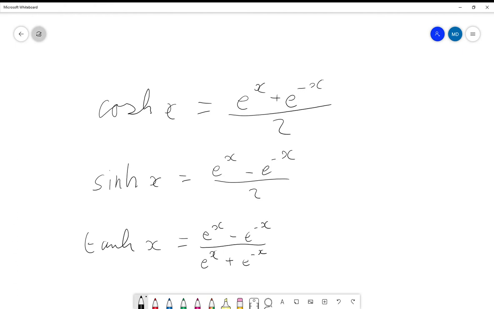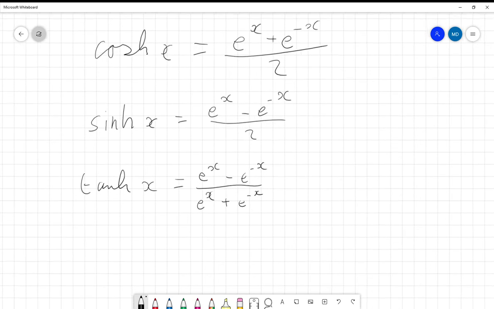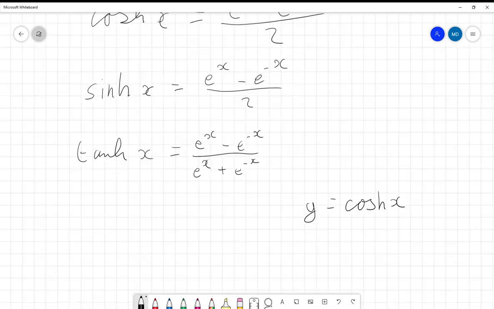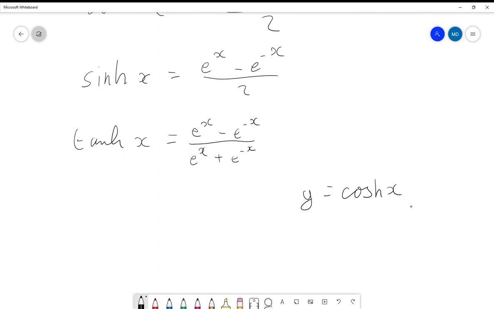Okay, but what about the inverse versions of these? Well, if we've got y equals cosh of x, then to find the inverse, we have to swap the x and the y and deal with it as x equals cosh of y.